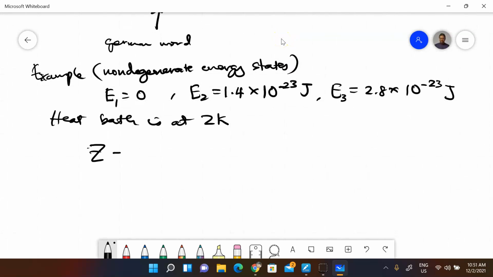Then you can do some calculations there. Your partition function is given by e^0 plus e^(-E_j/k_BT).